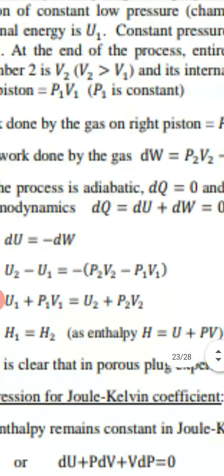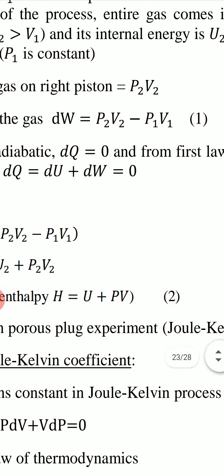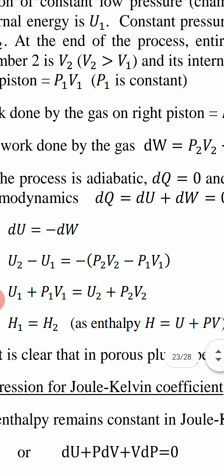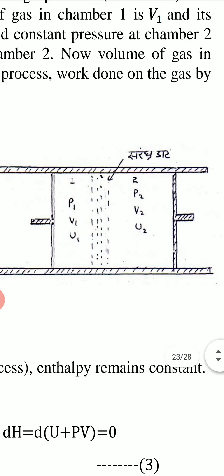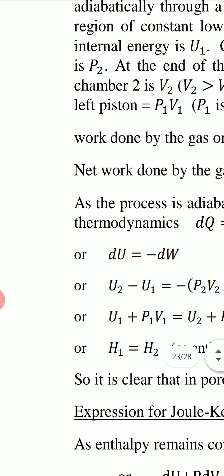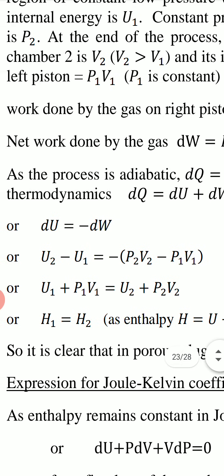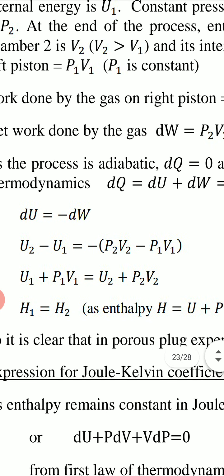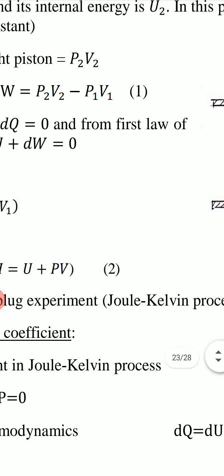So, work done by the gas on right piston is P2 V2 and work done on the gas by left piston is P1 V1. So, net work done by the gas dW is equal to P2 V2 minus P1 V1.